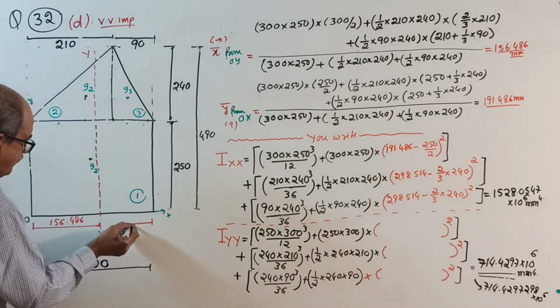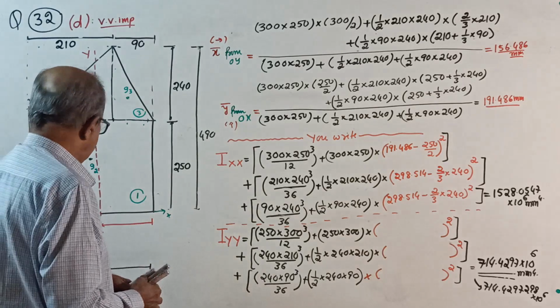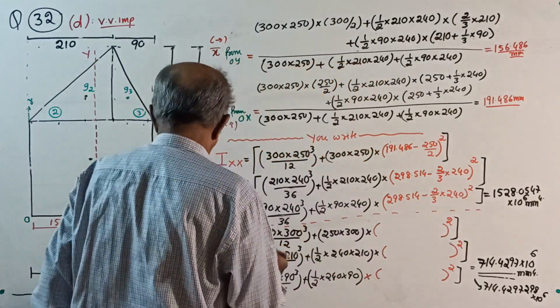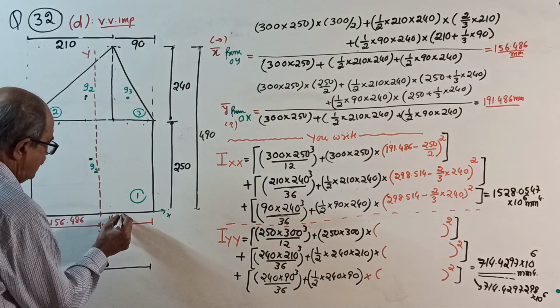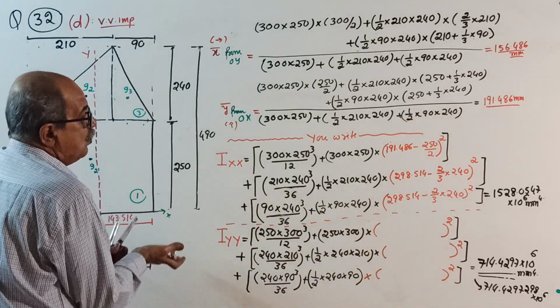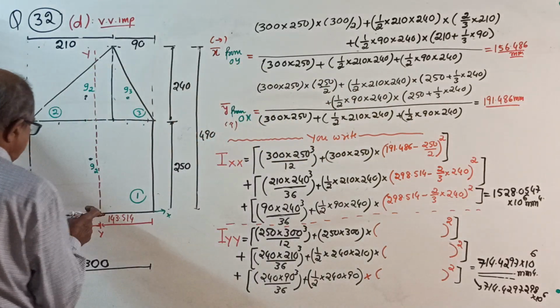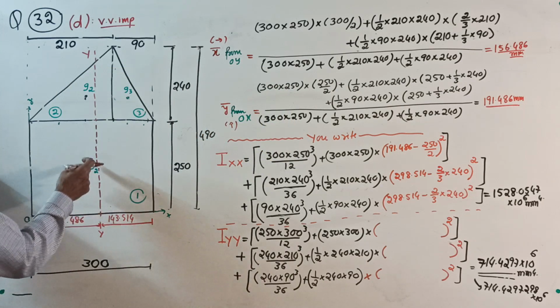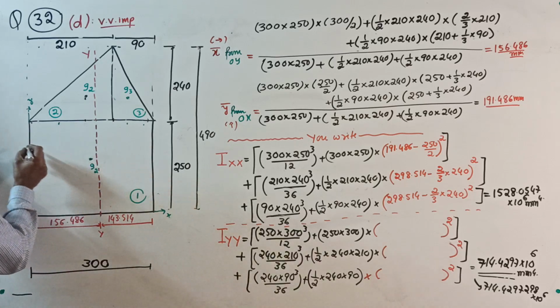From that side it will be 300 minus 156.486, I noted down there, 143.514, to save the time. 143.514. Okay, then y bar, you got 191.486. See, this is 150. So this is 125. So 251, how much? 191 means little higher side. See.